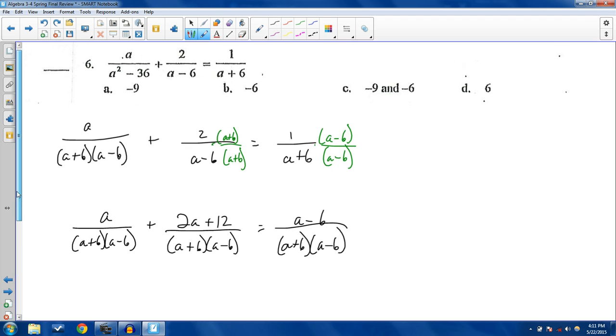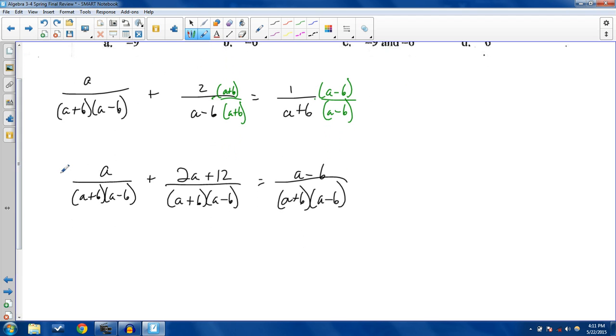Okay, so from here, I could decide to do this one of two ways. Either way is not going to... well, I guess one way wouldn't be as good as the other, so maybe I will just do this one way. I have the same thing on the bottom everywhere. Now, I've had a habit of telling you guys, if you have the same thing on the bottom everywhere, then you can cross them out.